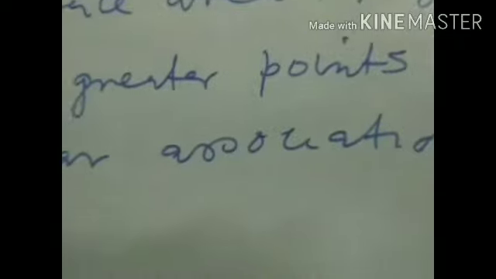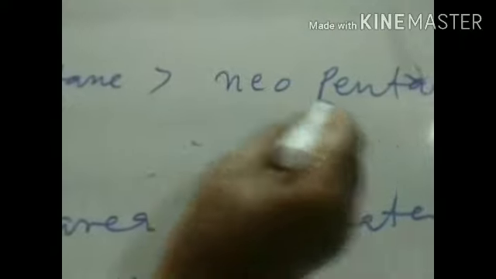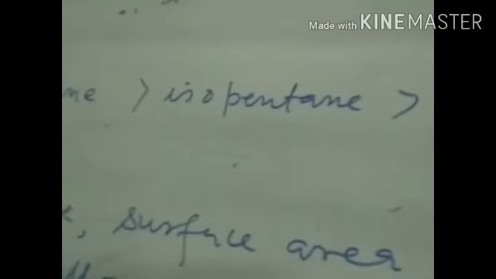That is why heat of combustion is greater in normal pentane and least in neopentane, because it is highly branched, surface area is least, and in case of isopentane the surface area is moderate. Thank you.